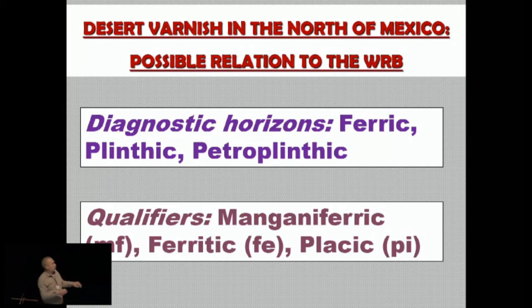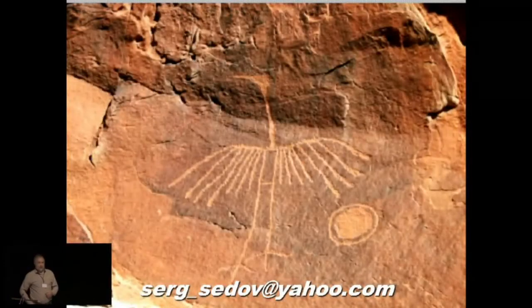Now, the great problem is that all these horizons and qualifiers are related to redoxymorphic processes, which are practically impossible on these well-aerated rock surfaces. With this question mark, I finish, and thank you very much for your attention.